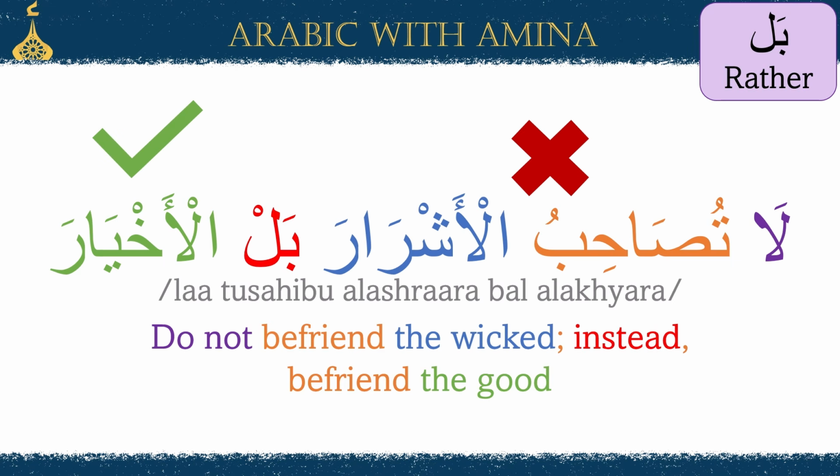This particle negates the first part of the sentence and corrects the second part of it, or replaces the previous idea. The first part of the sentence, al-ma'tuf, is what we do not want to convey, befriend the wicked. Whereas the part that comes after it, al-ma'tuf alayh, is befriending the good. That is what we want to convey. That is the correct idea we're trying to say.